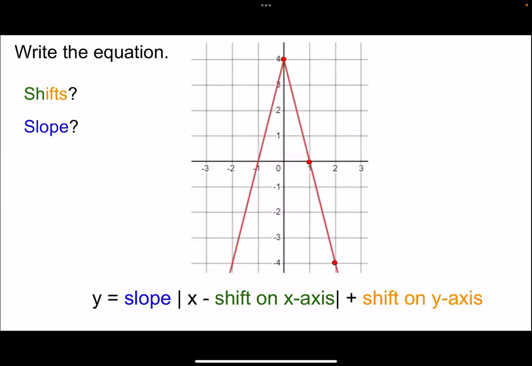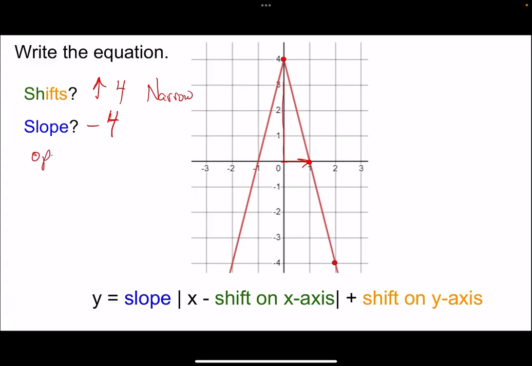Last one. Oh, it only went up 4, and it's narrow. What's my slope? Let's see. Down 1, 2, 3, 4 over 1. So that's going to be a negative 4 over 1, or a negative 4, because that's opening down.